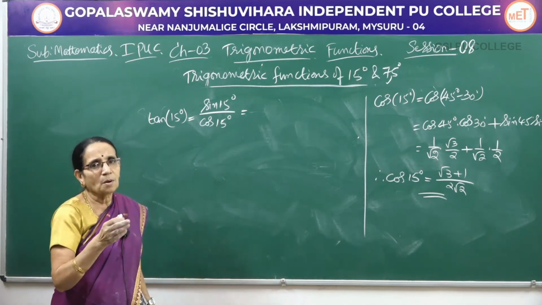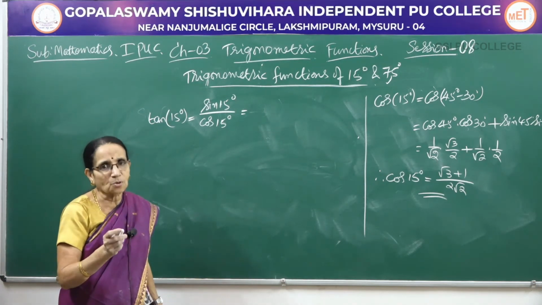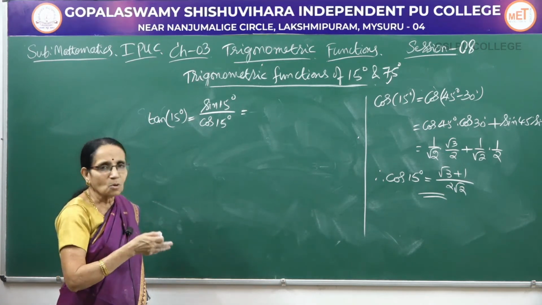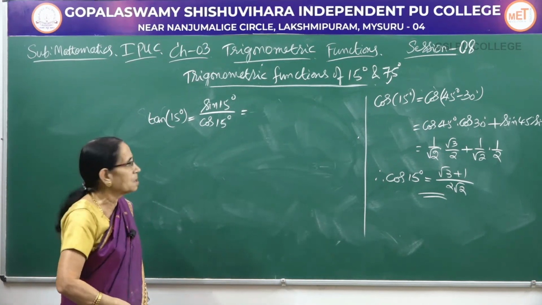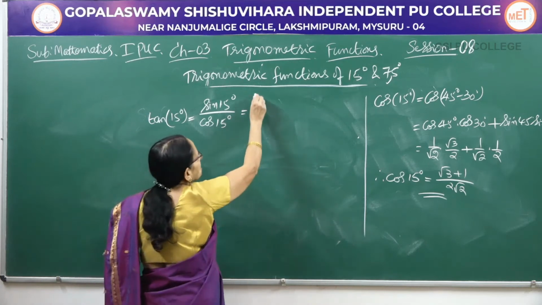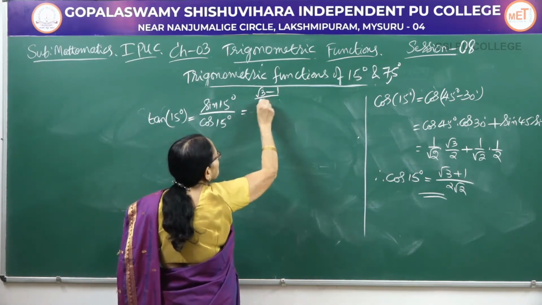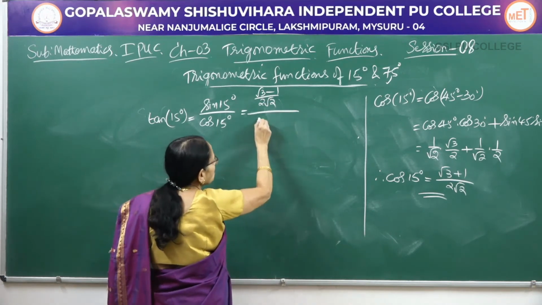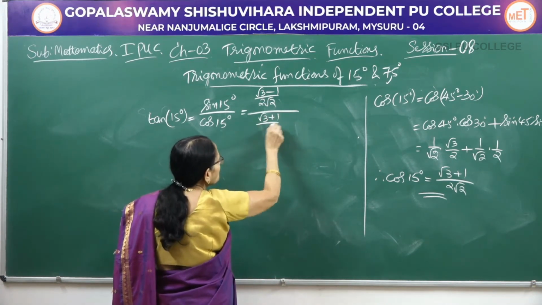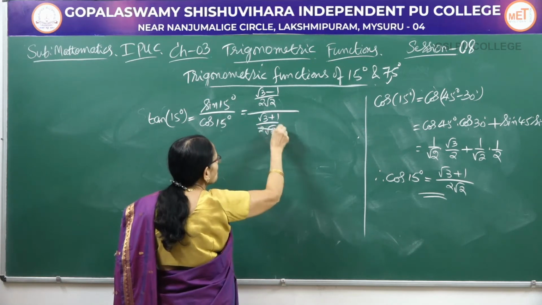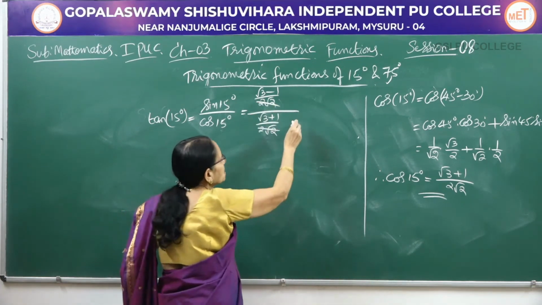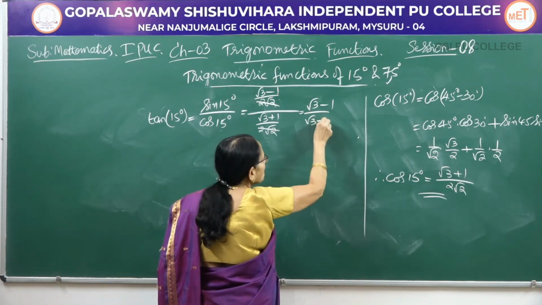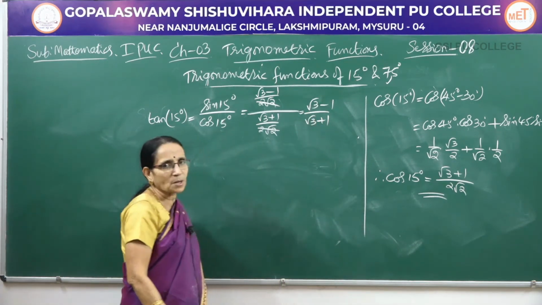You can use the compound angle formula tan of x minus y. That can be taken as an exercise for you to verify whether you will be getting the same answer or not. Now sin 15, take the value root 3 minus 1 over 2 root 2. Cos 15, just now I have derived, root 3 plus 1 over 2 root 2. Here also they get cancelled. So we are having root 3 minus 1 divided by root 3 plus 1.